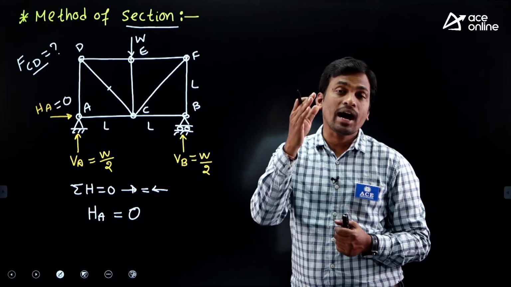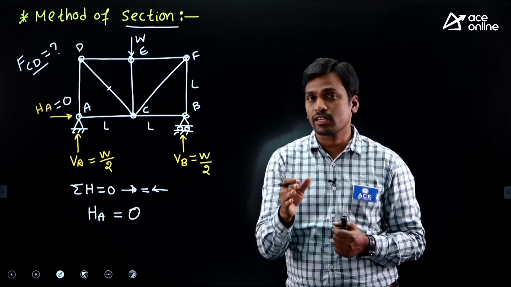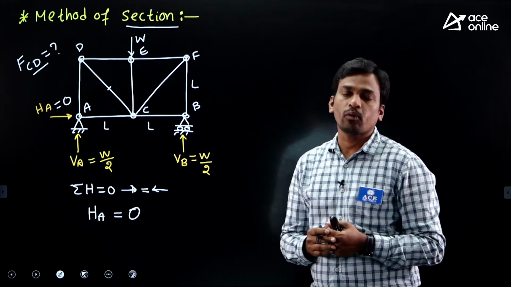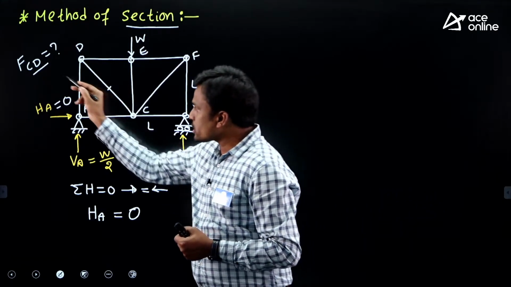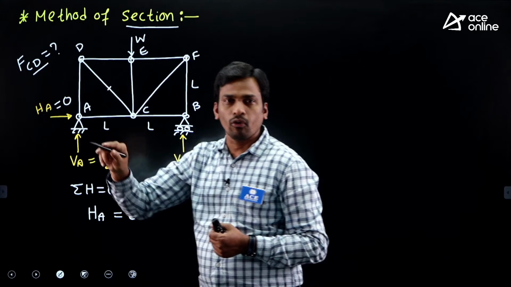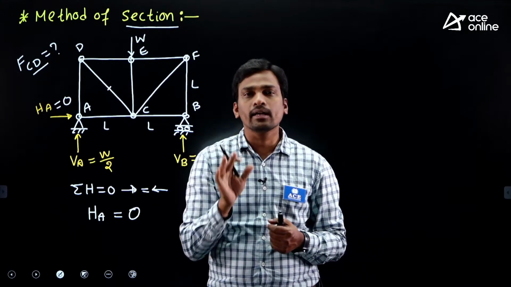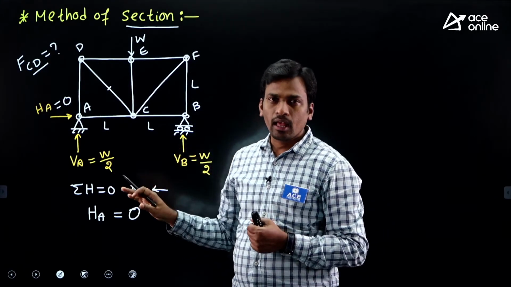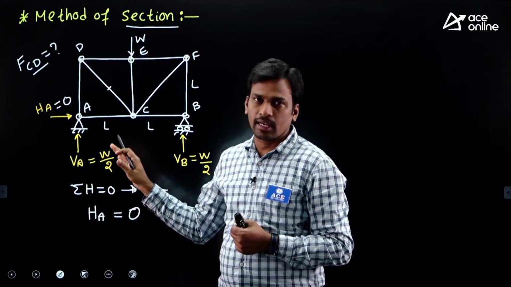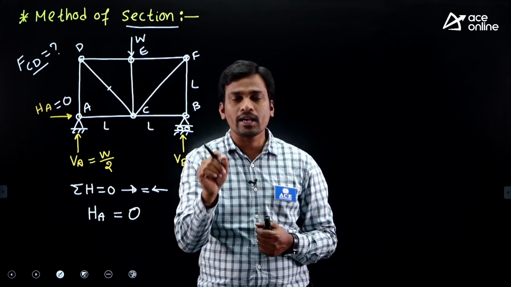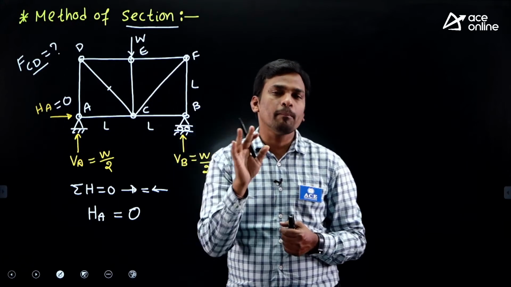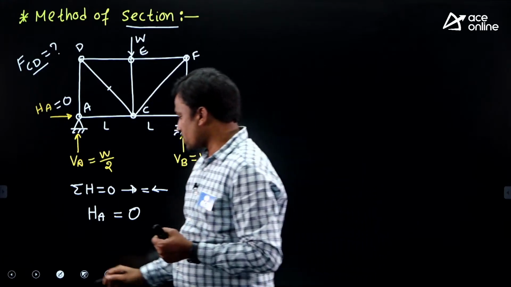It means pass a section through the selected member. Which one is the selected member? The member in which we want to find the force is the selected member. So here I want to find the force in member CD. Now the section should pass through the selected member compulsorily. This is the first condition.